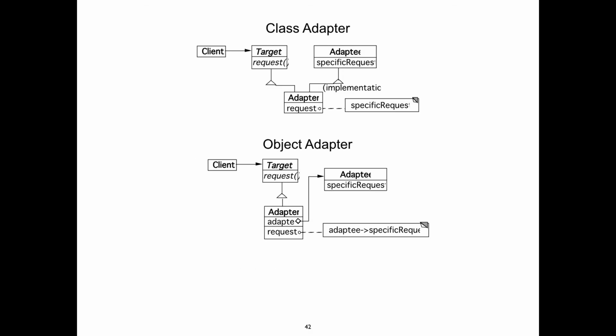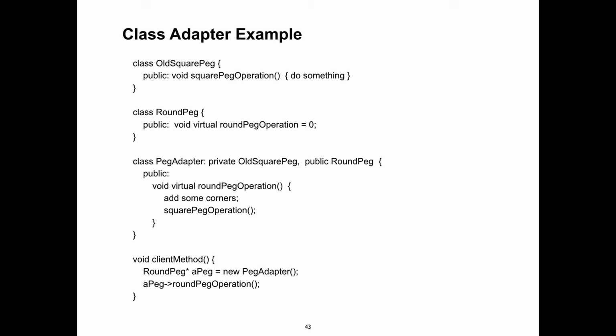So you could do that. Yeah, but the interface, yeah. There's a simple example where you have a square peg and a round peg, and you subclass them both, and now we can do the mapping there.